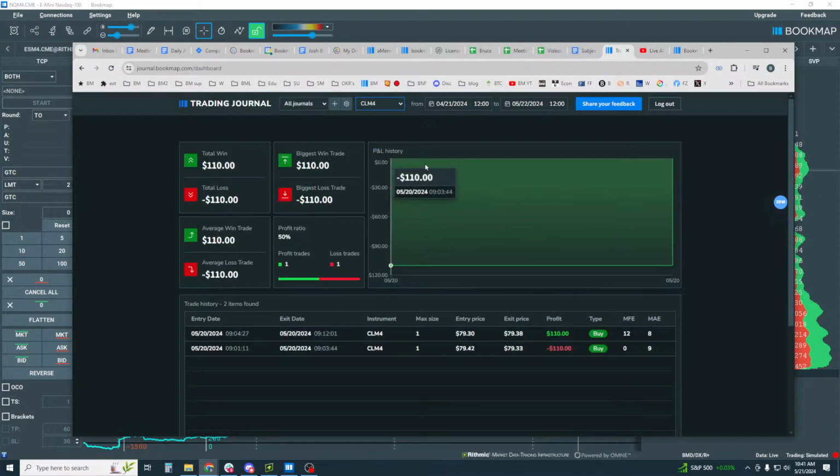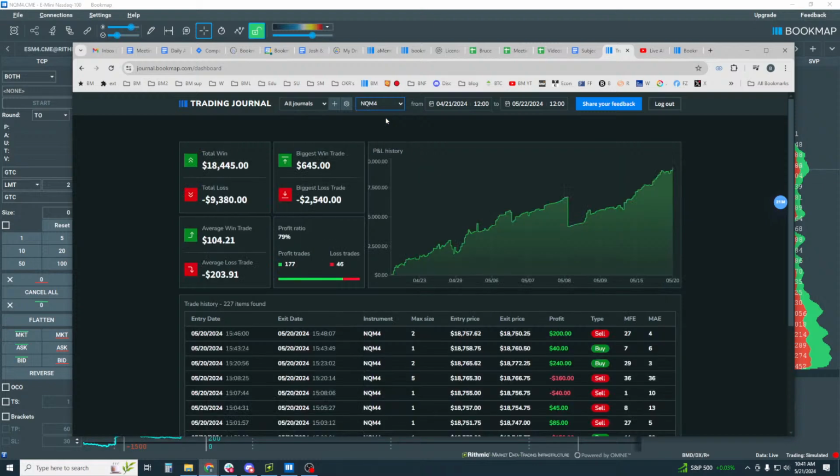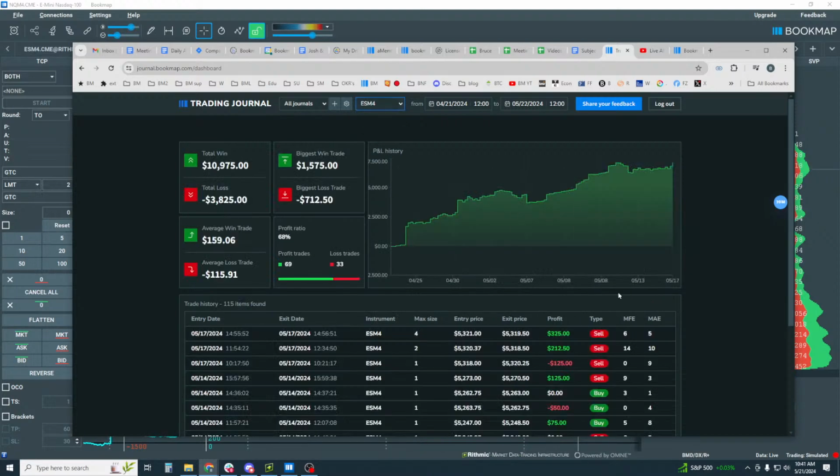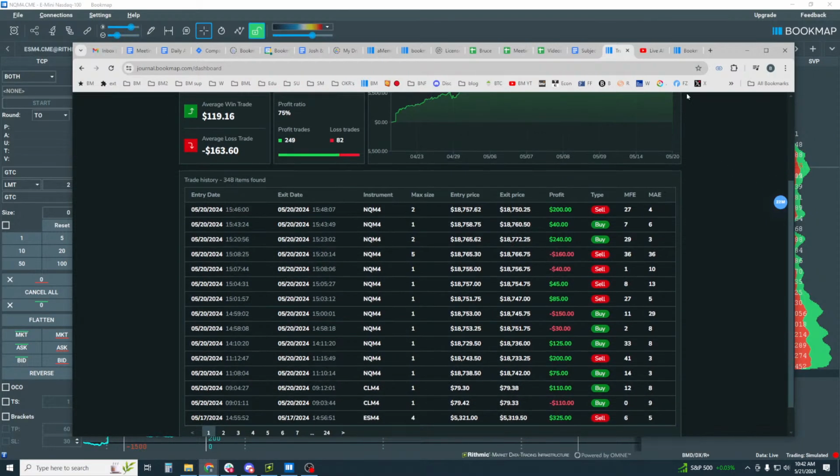And yeah, you can see I have a crude oil trade in here as well. Or we can look at all instruments here, NASDAQ and NQ, or I'm sorry, ES here as well.